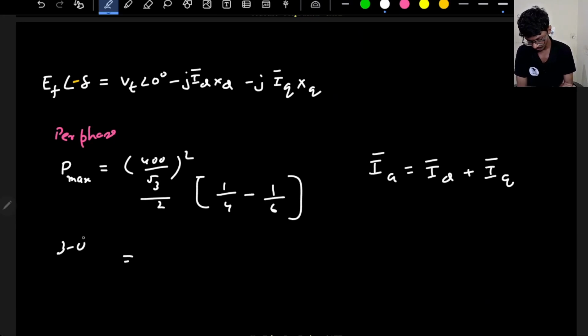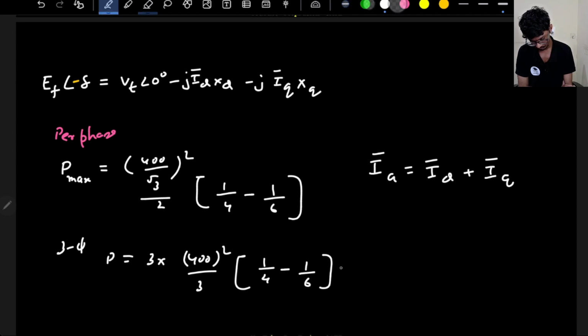So three phase power will be what? Three phase power will be 3 multiplied by this. So it will be 400 whole square divided by 3. 3 will get cancelled. 1 by 4 minus 1 by 6. So 1 divided by 4 minus 1 divided by 6.